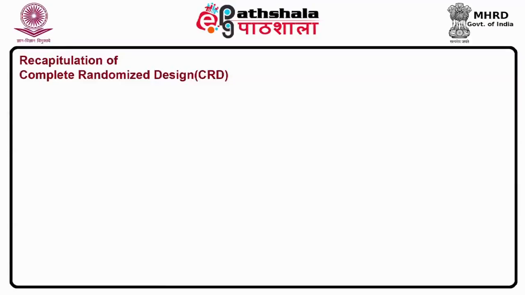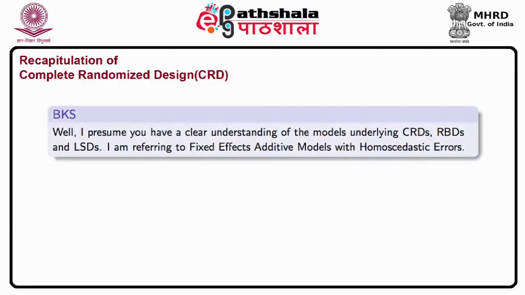We start with a recapitulation of completely randomized design, abbreviated as CRD. I am sure you have a very clear understanding from your undergraduate studies of the models underlying CRDs, RBDs, and LSDs.